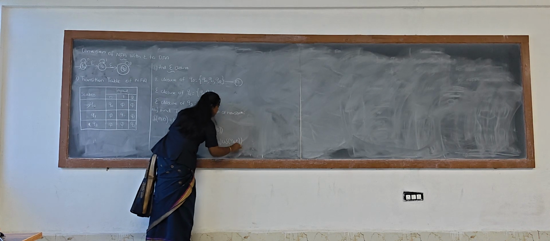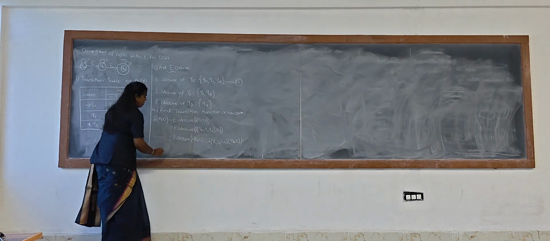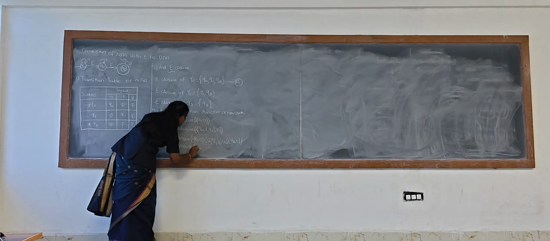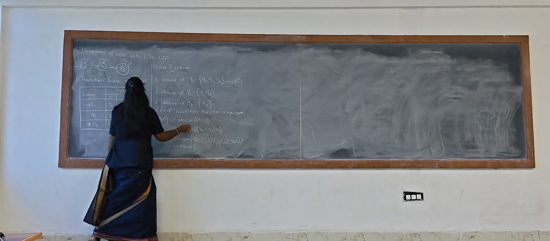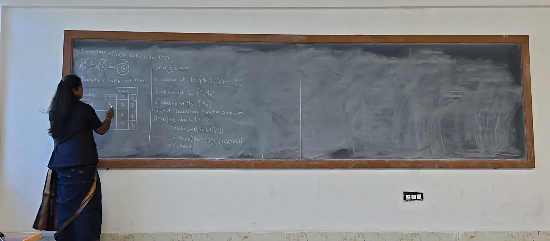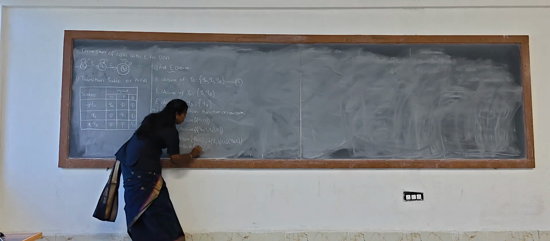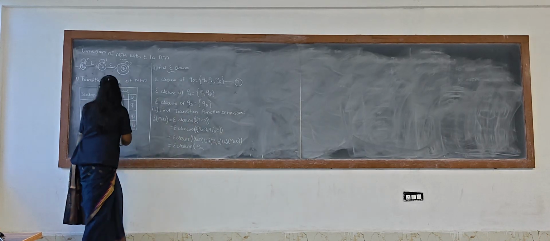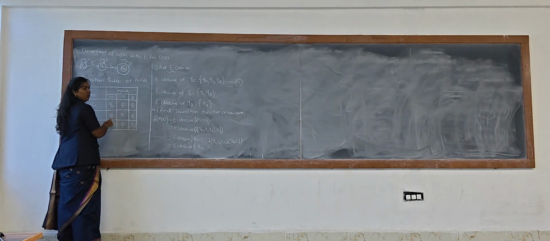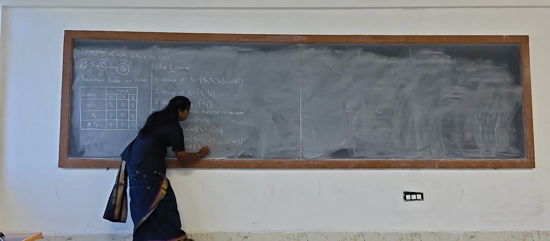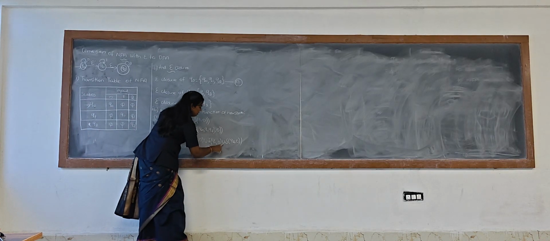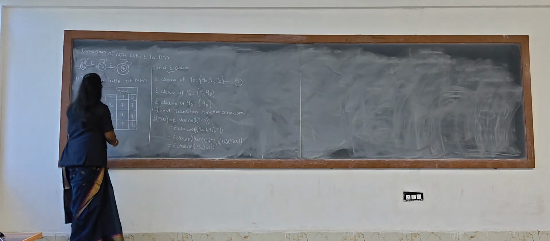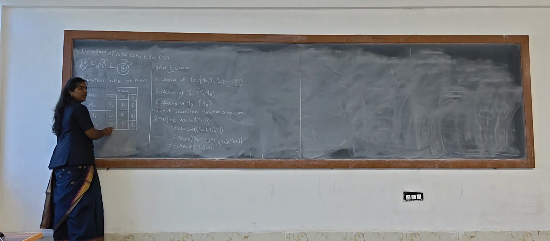Okay, so we will get epsilon closure of transition function of Q0 comma 0. So Q0 comma 0, we will get the state as Q0. And transition function of Q1 comma 0, there is no transition, which means phi. And union transition function of Q2 comma 0, there is no transition, which means phi.